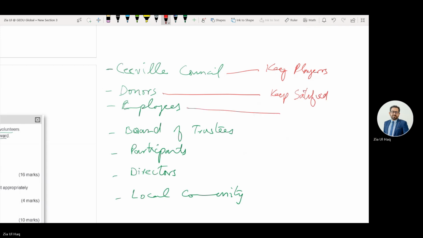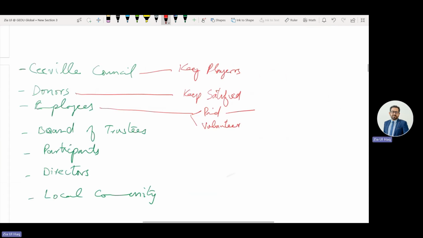Employees. There are two types of employees: paid employees and volunteers. Paid employees have low power but high interest, meaning they are keenly observing everything through their feedback.